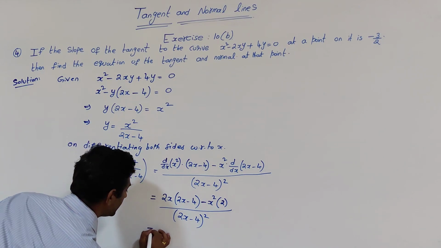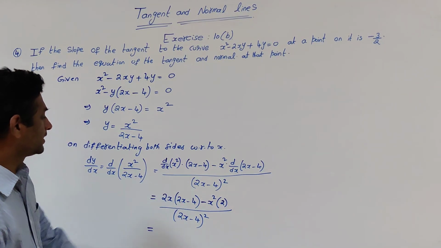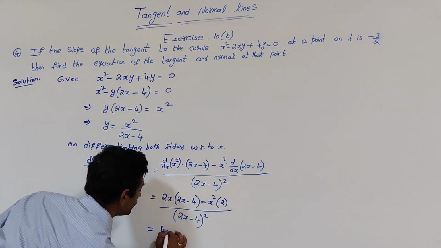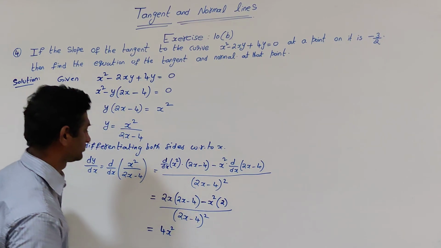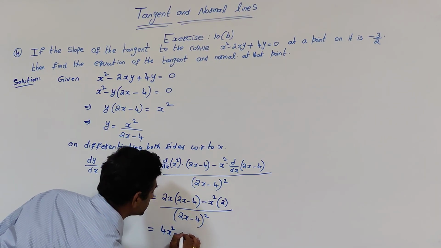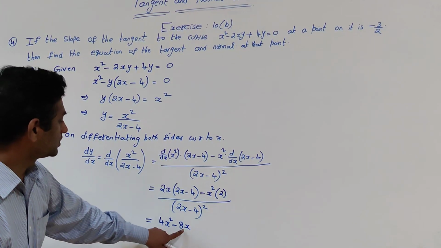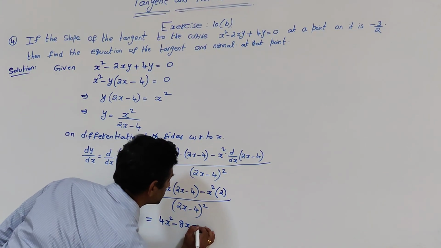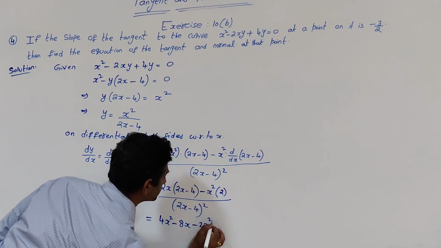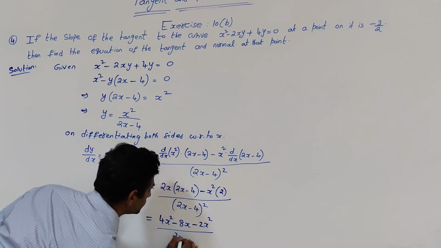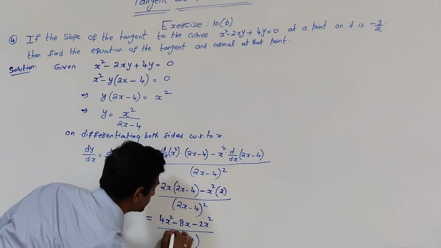Again, if we simplify, 2x into 2x is 4x square minus 8x, since 2x into minus 4 is minus 8x, minus 2x square, by 2x minus 4 whole square.